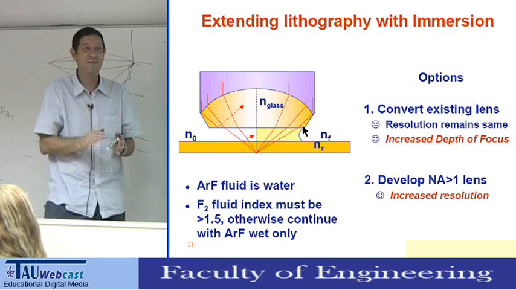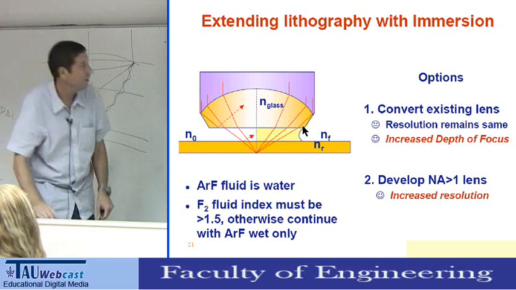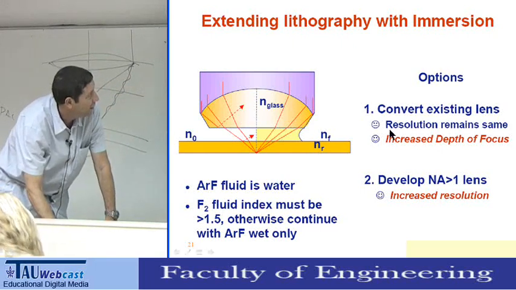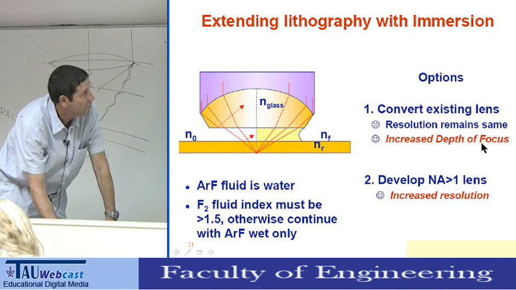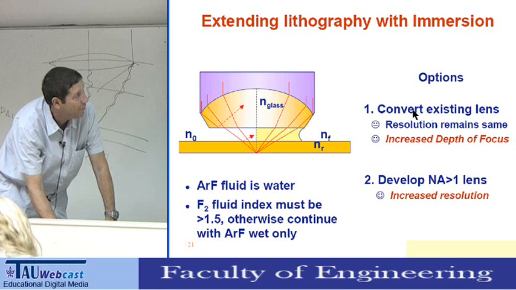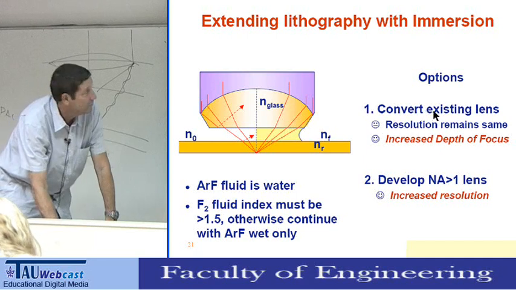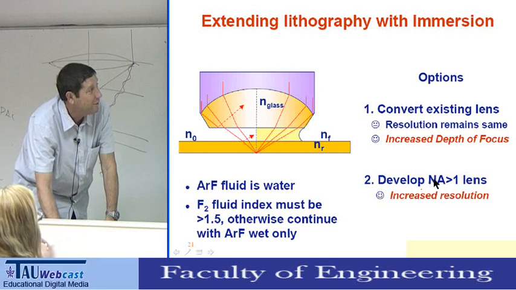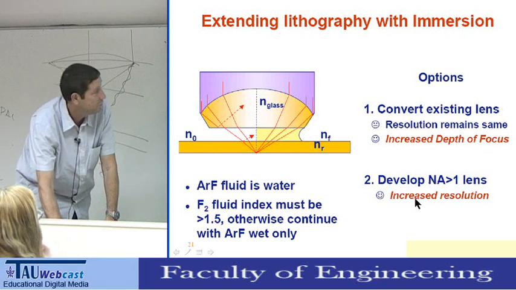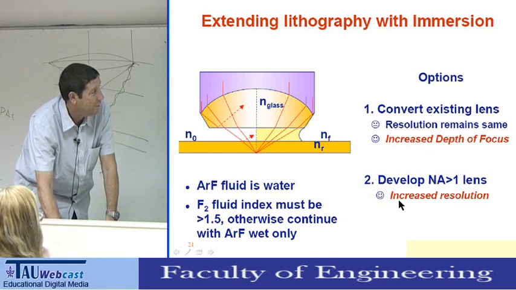You can put a liquid in, so you can convert an existing lens, where the resolution remains the same and the depth of focus increases, because if you convert the existing lens, the numerical aperture remains the same. Or you can develop a new lens with a higher numerical aperture, but then you pay with resolution.